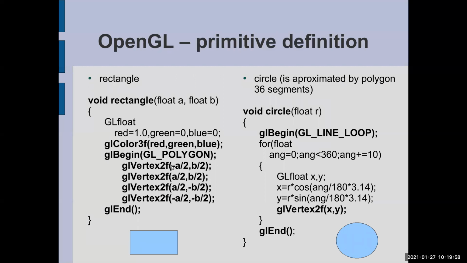Okay, and what else? Now in this group we define vertices. You can see that the vertex is minus a over 2.